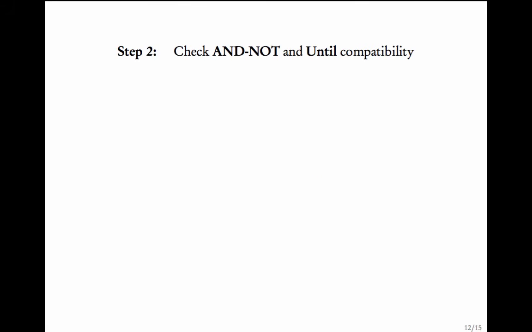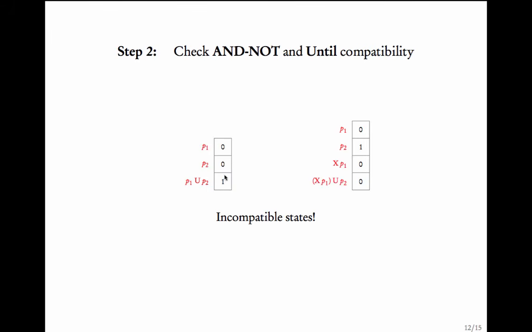Similar for until. For example, P1 0, P2 0, but P1 until P2 being 1 is incompatible. Similarly, P1 0, P2 1, but XP1 until P2 0 is incompatible. So based on this compatibility criterion, remove all incompatible states and add this new state Q0, which will be our single initial state.